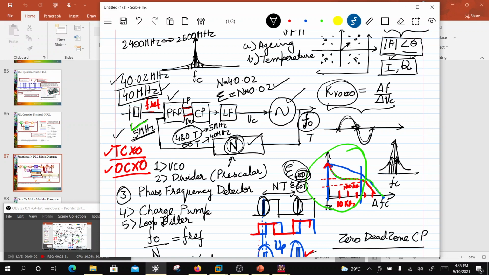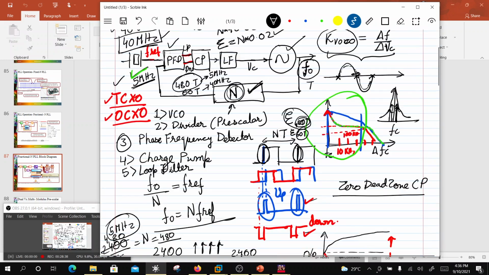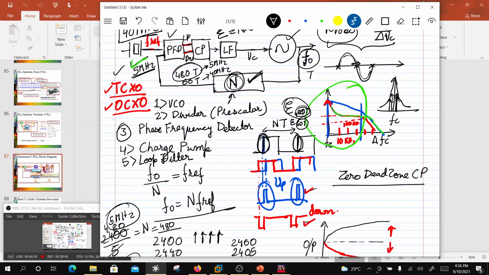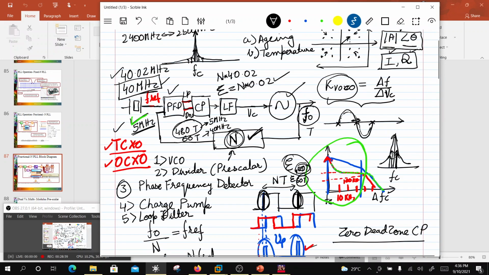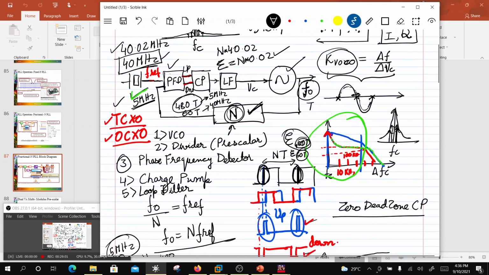In discrete time, the divide ratio is telling you that I have a sampling frequency which is separated by 60T or 480T, where I am comparing the DT system with a CT system. In a CT system, you are continuously comparing. It's not that you compare at this edge and then at this edge. You are continuously comparing. So a CT system you can design for stability, but a DT system also depends on what the sampling rate is.